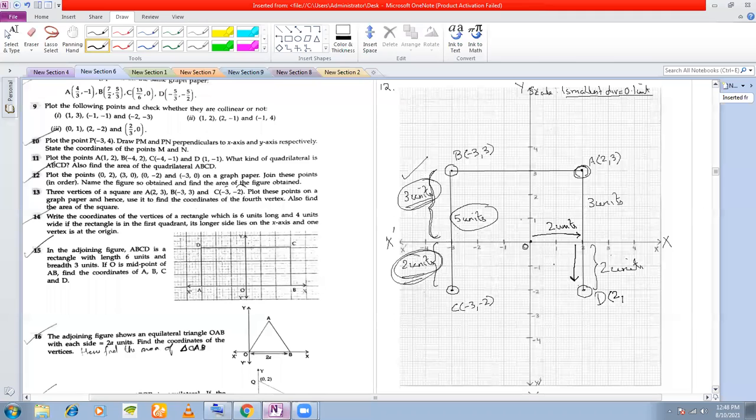You're moving -2, right? So (2, -2). Is it clear now? Good. So we label this as (2, -2) and you join this also. So this completes your square.